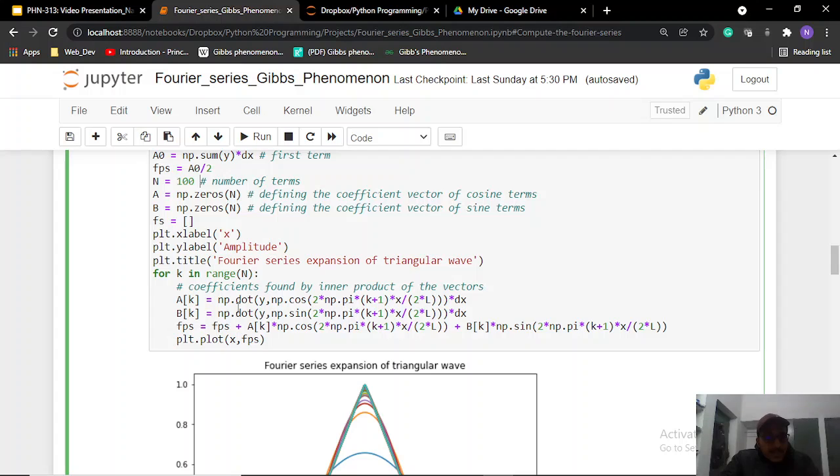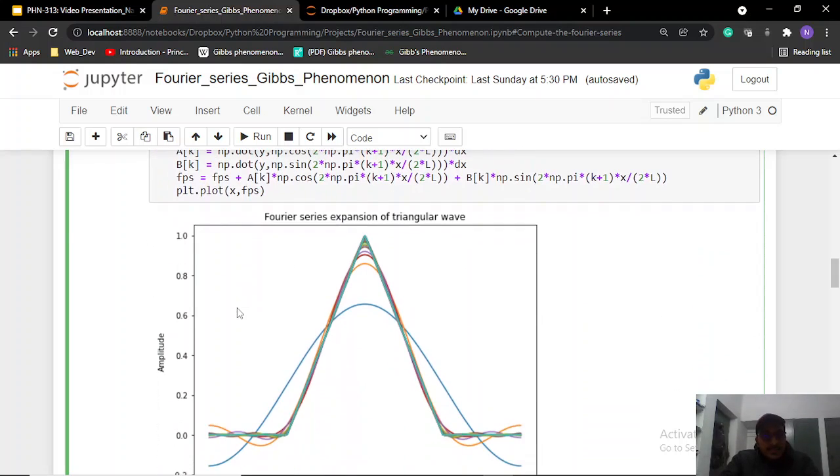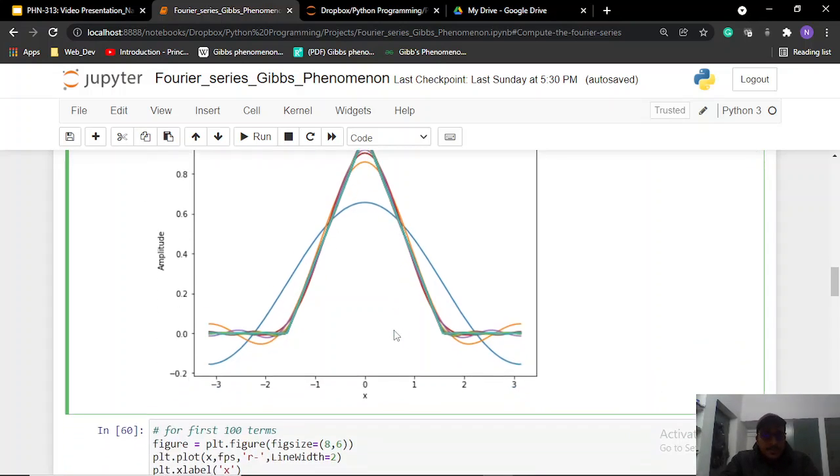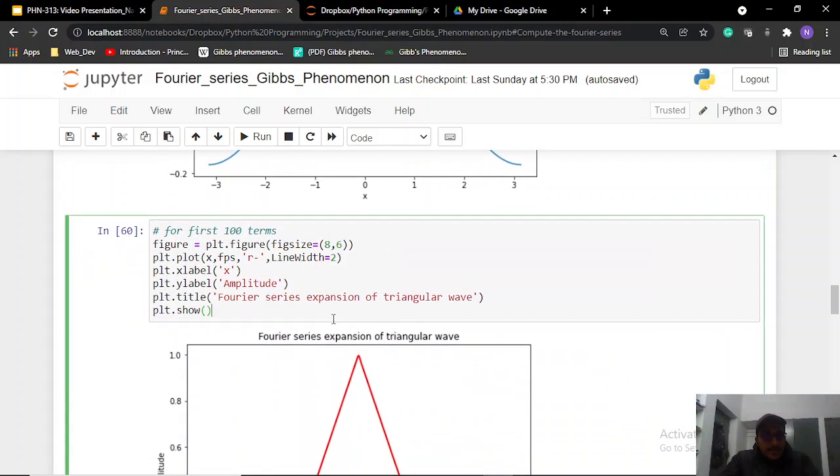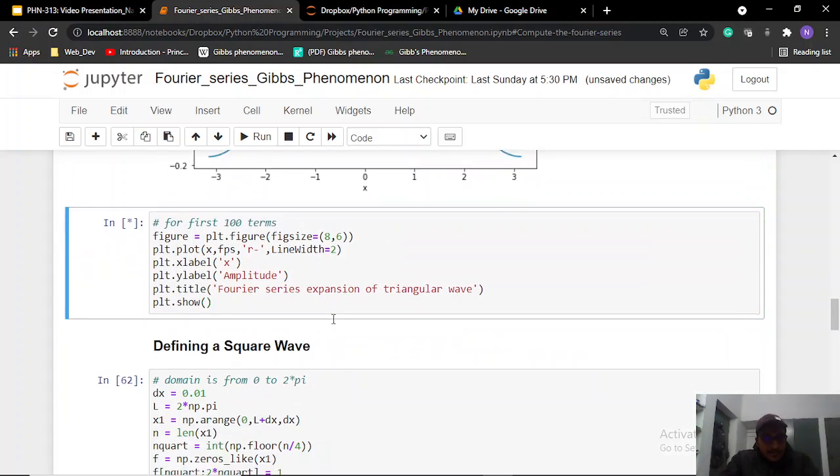After including each term, we plot the Fourier series approximation. Initially, this blue line represents k equal to 1. When k goes on increasing, it almost approximates the triangular wave. So the final output we can see is for k equal to 100 terms.